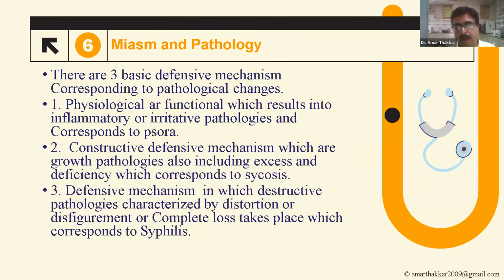How? Any type of physiological or functional change which results in inflammatory or irritative pathologies usually corresponds to psoric miasm. Whereas constructive defensive mechanisms, which are usually growth pathologies, which may also include excesses or deficiency, correspond to sycosis.